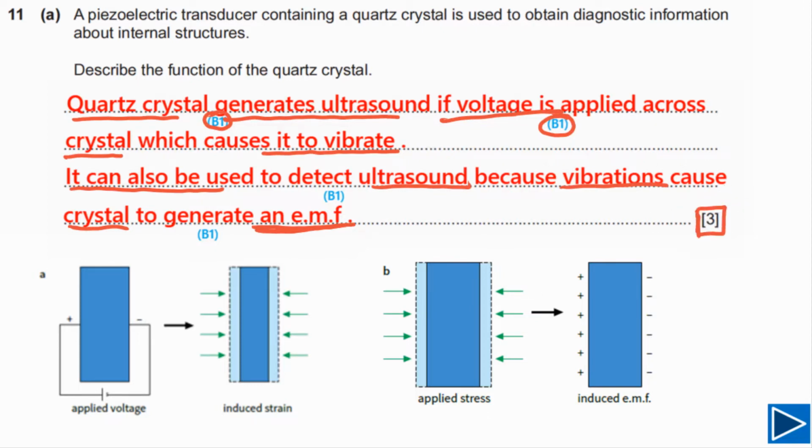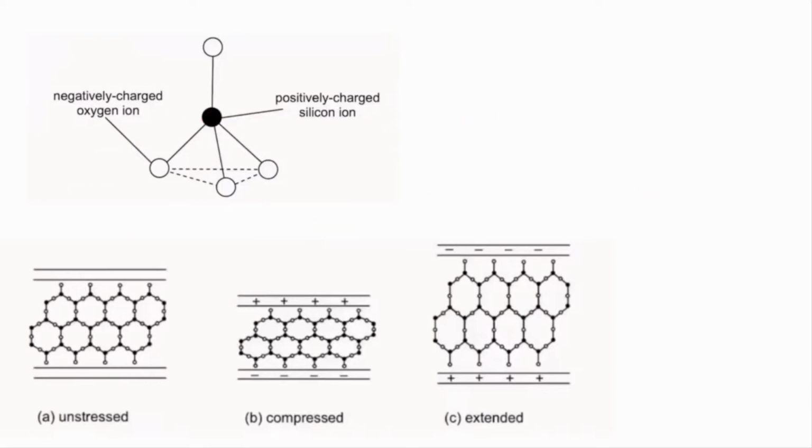If you are a little bit more curious about how EMF is induced, let's go to the next slide. Here you can see our quartz crystal when it is unstretched or uncompressed. This is positively charged, and the oxygen ions are negatively charged. So the center of positive and negative charges is here, and it has no net charge. When we compress this one, the upper side becomes more positive.